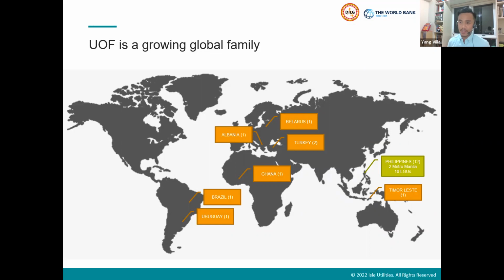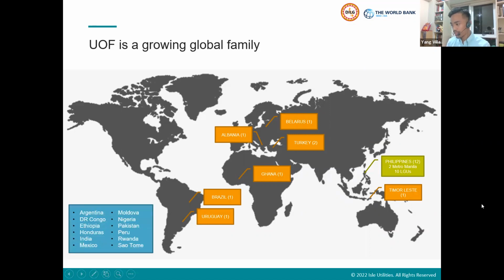And as I mentioned earlier, the first country to attempt to roll out the Utility of the Future framework nationwide. Other than this, the World Bank is also implementing the UOF framework in a number of utilities in these countries. So indeed, UOF is continuing to be refined. We are also expanding the reach of the UOF framework.